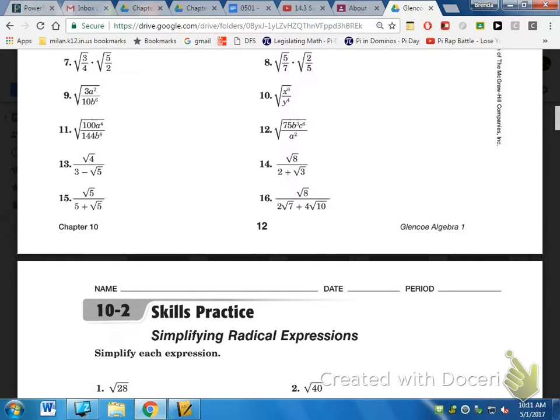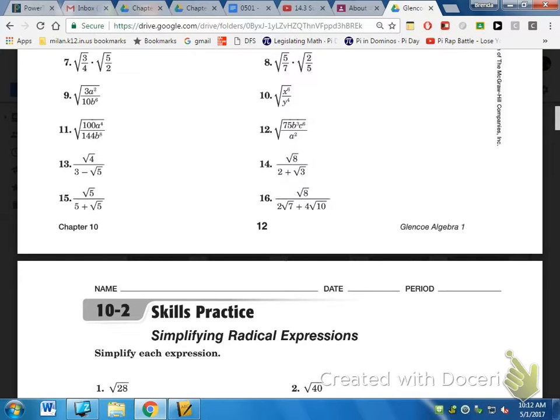Lesson 10.2, we're extending this a little bit with radicals and simplifying because of problems just like 13 to 16. When it is a radical that involves two terms in that denominator, you have to multiply by something called the conjugate of this. So we have a problem like number 13, radical 4 over 3 minus radical 5.